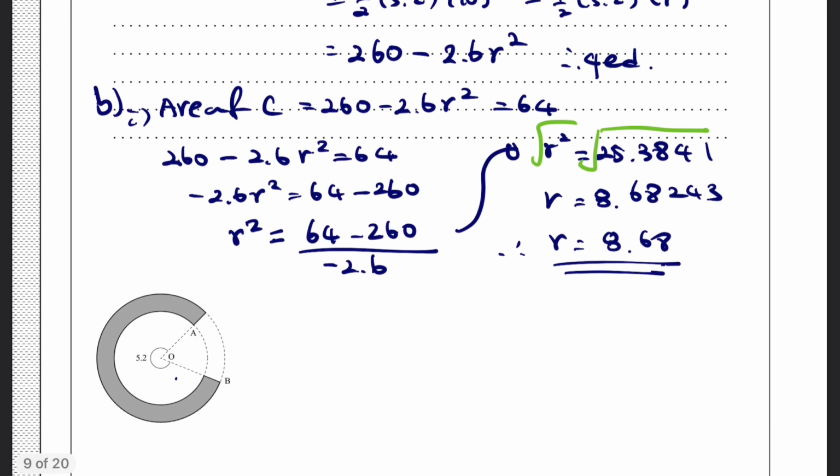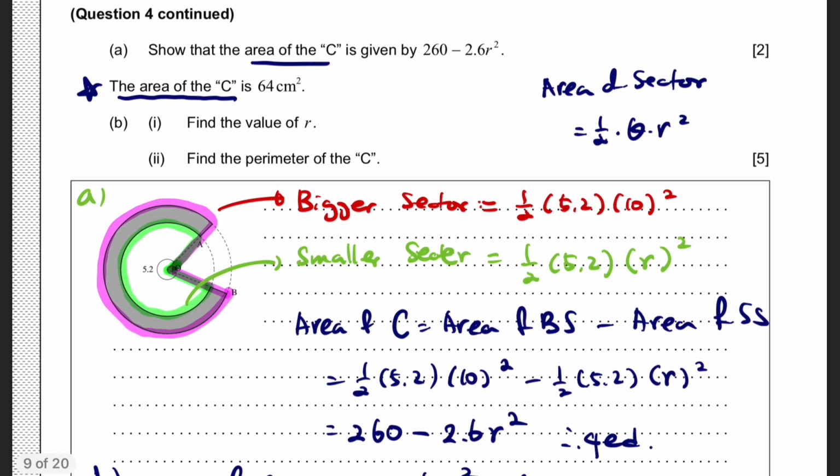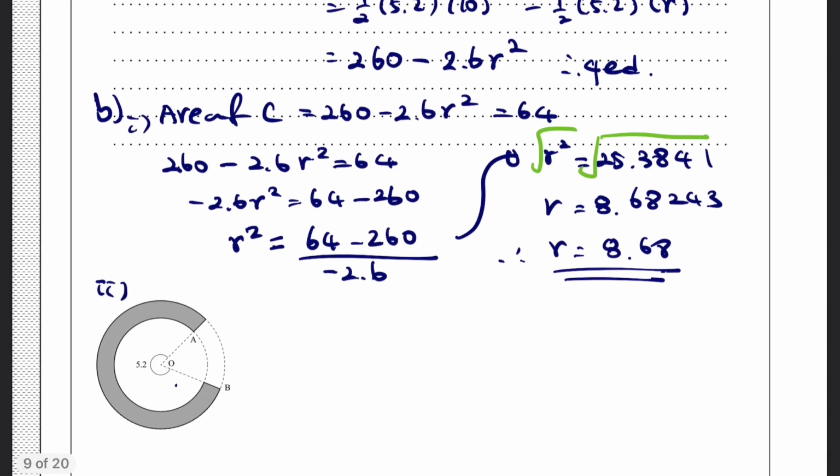Then let's talk about B(ii). We need to find the perimeter of the letter C, right? We know that from the center to point A is r, and from the center to point B is 10. So we use the r value from question B(i).